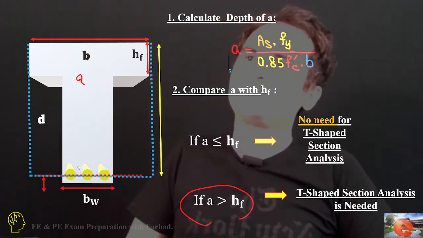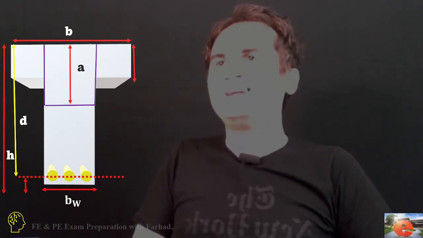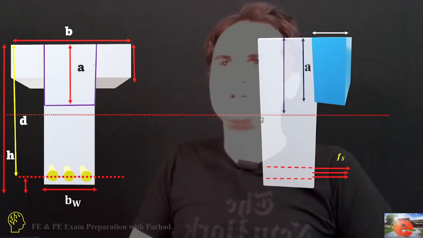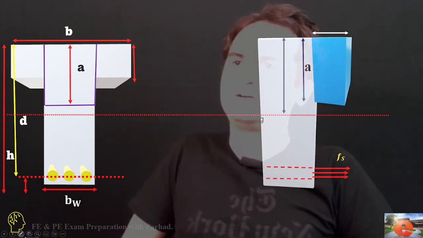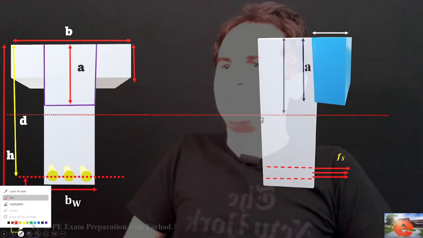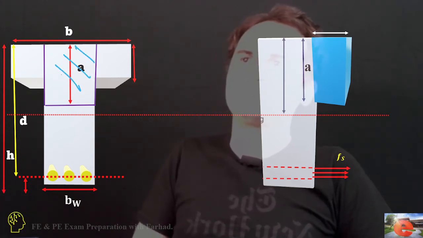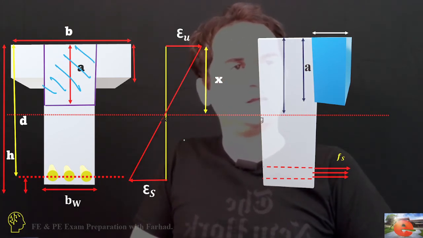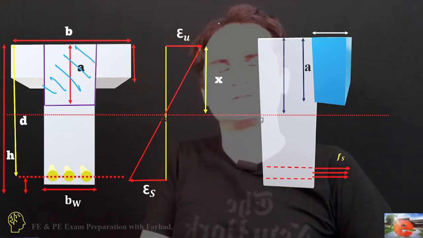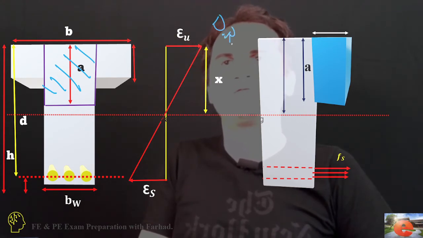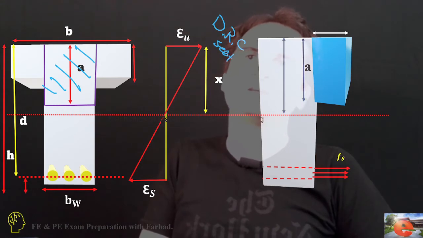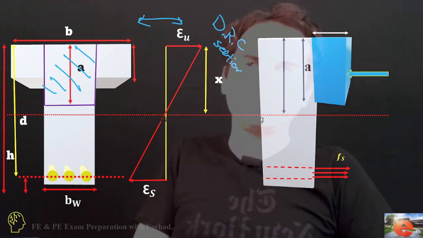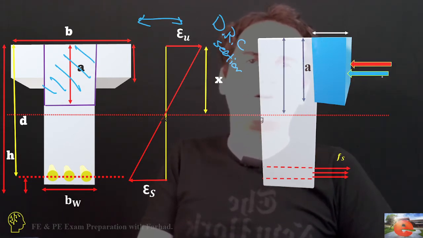So let's consider the forces on a T-shaped section. It's very similar to a double reinforced section, in the sense that we can dissect it.